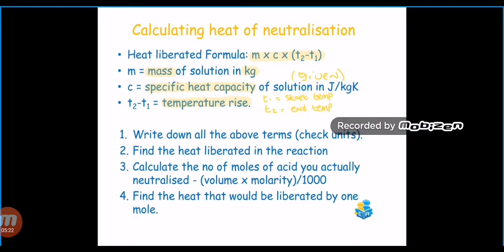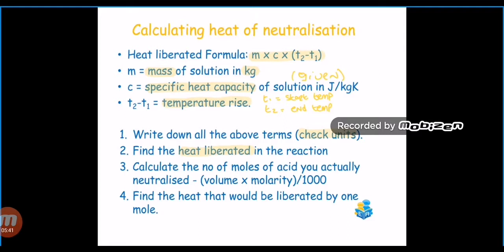The steps to calculating heat of neutralization is always write down your formula and then write down all of the above terms. But the key thing would be to check your units to make sure you have everything in the correct units for the formula. Find the heat liberated in the reaction using the formula.